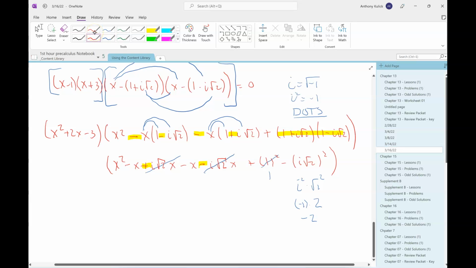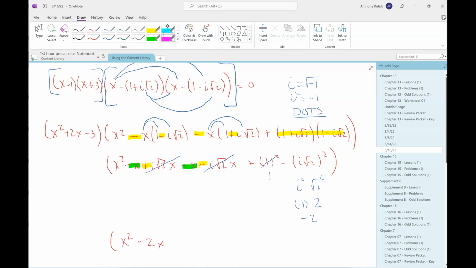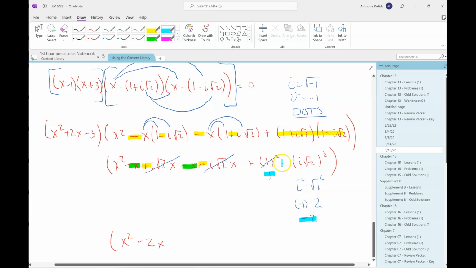Okay. So we have x squared. Then I have minus x, or minus 2x, excuse me. And then we have, let's see, we have 1, and then minus a -2. So that would be 3. Exactly.